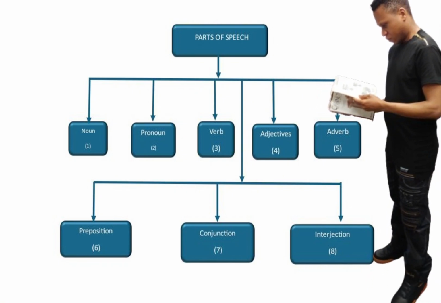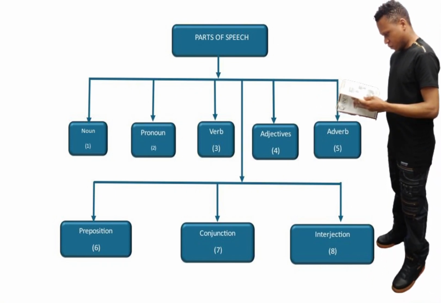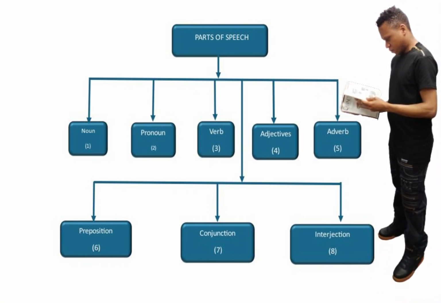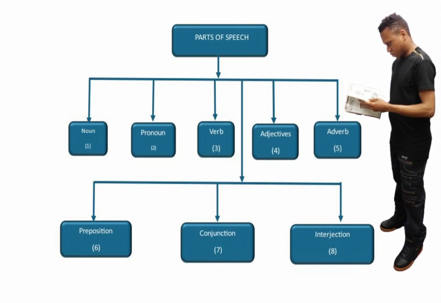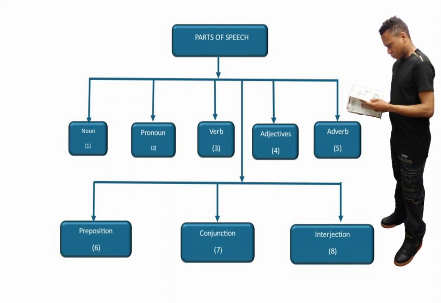I want you guys to know this. Let's say you move to Canada or the United States or UK or Australia, and English is not your first language. They're gonna assess you. They're gonna wanna know your level.